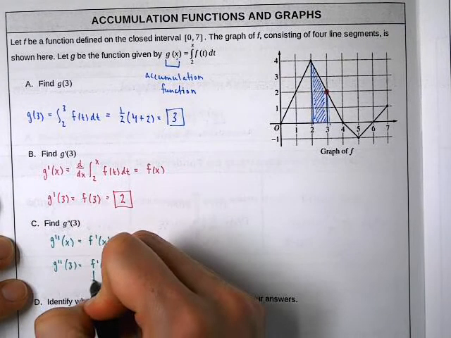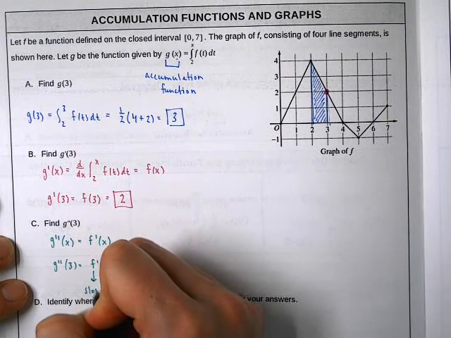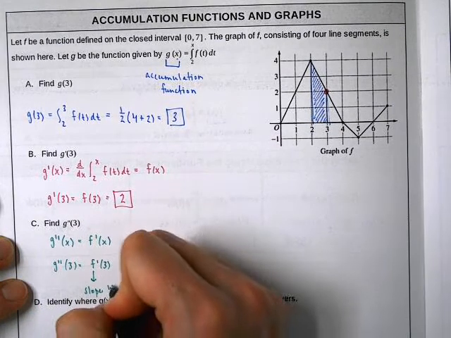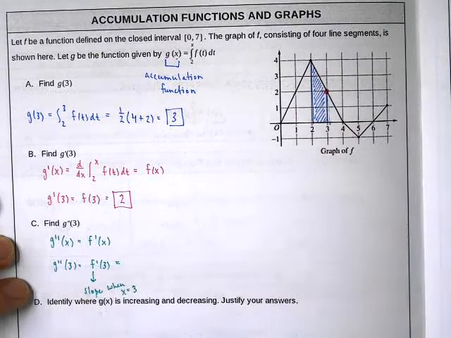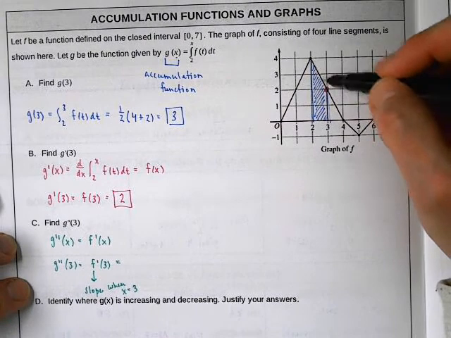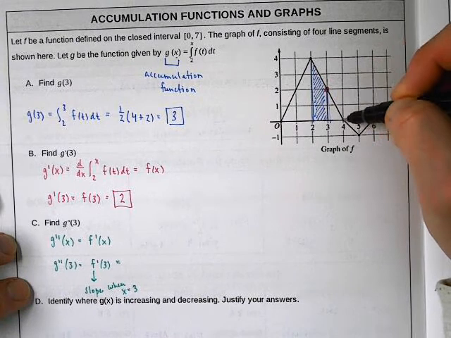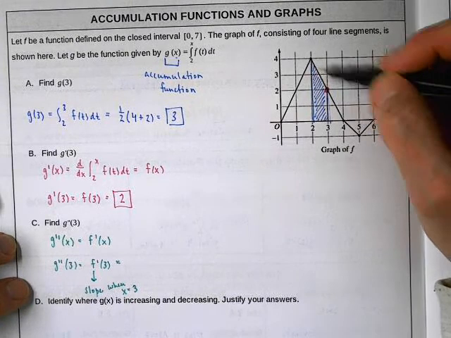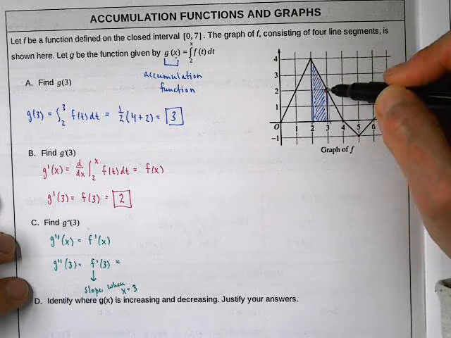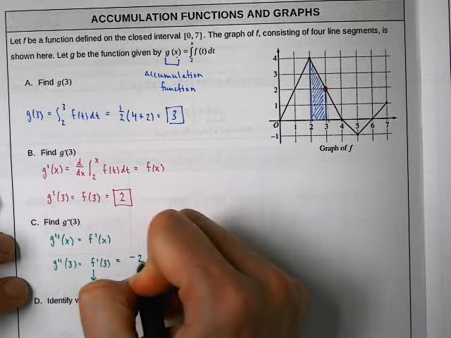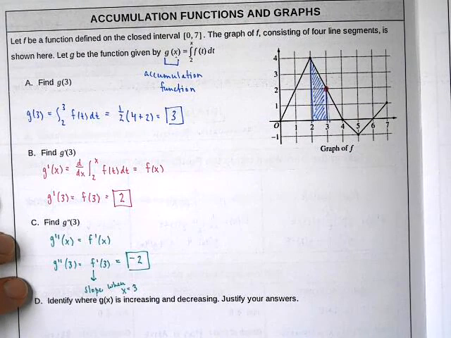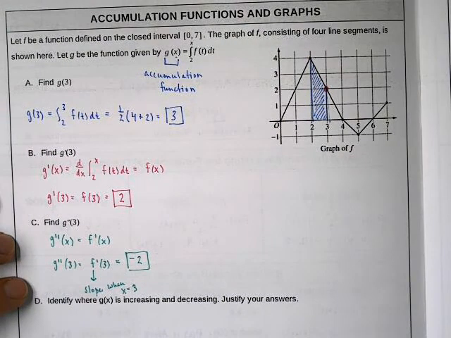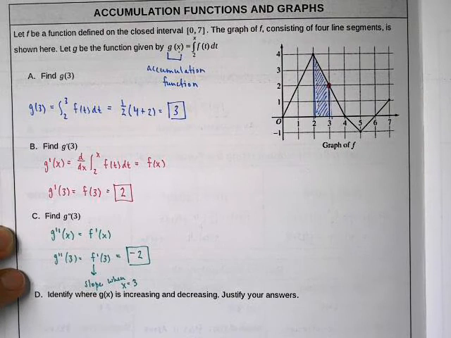That derivative tells me I'm just looking for the slope when x equals 3. Now at x is 3, since I have a linear segment here, it's easy to find the slope using rise over run. So I can see I go down 2 over 1. That value is going to be negative 2. So parts A through C are just a review of the work we've already done with accumulation functions.